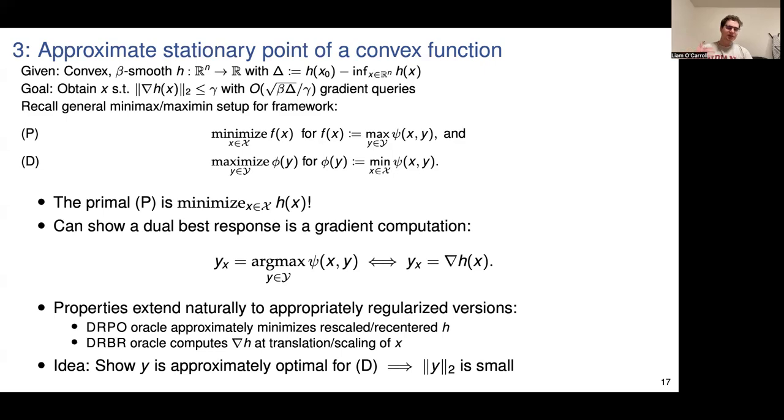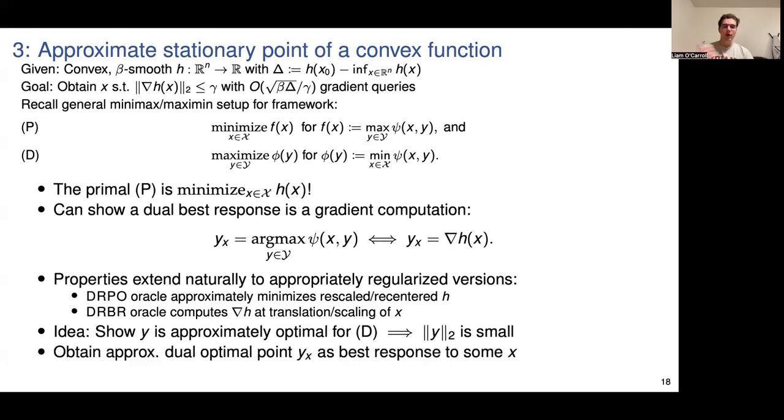And to get a sense of what the analysis looks like here, what we prove is that with this setup, if some point y is approximately optimal for the dual objective D, then you can obtain a bound on the Euclidean norm of the point y. And then the way the proof of correctness works is that through our general framework, we obtain an approximately optimal dual point as a best response to some primal point x, which we also have.